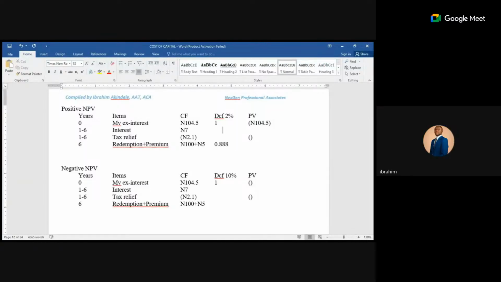So what do we have here as the annuity? 5.601. That is too high, but that's fine. 5.601 is correct. It's for 6 years. Okay, that's fine.